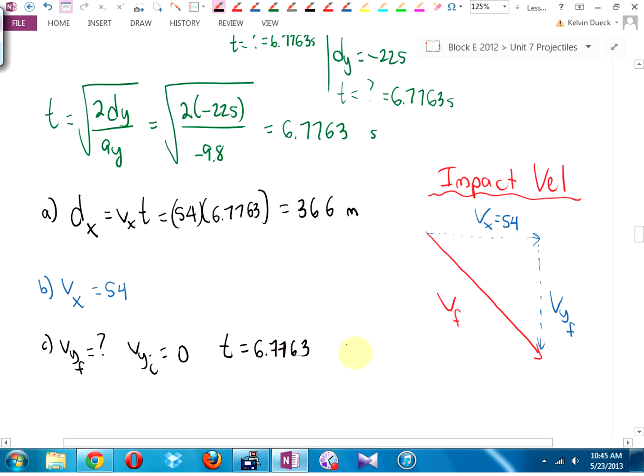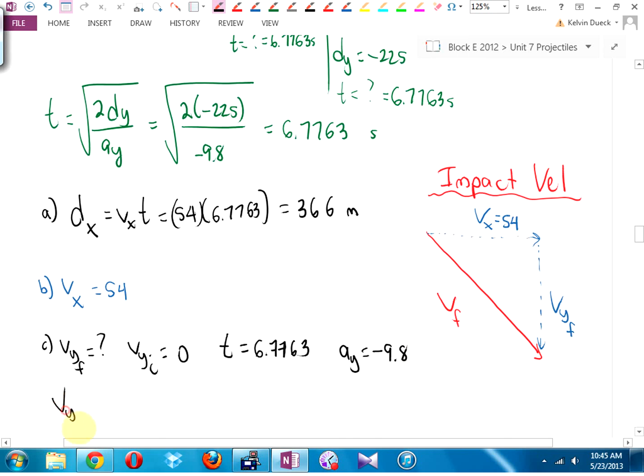And I know AY is negative 9.8. I also know dy, but I think there is enough that I can find the final vertical velocity, not the final velocity, because that is slanty, but the final vertical velocity just before impact. There is an equation that has v final, v initial, t, and a in it, and it has the v final by itself already, doesn't it? Which one?